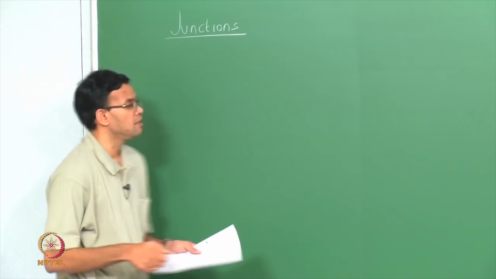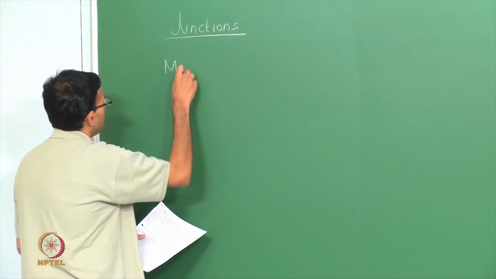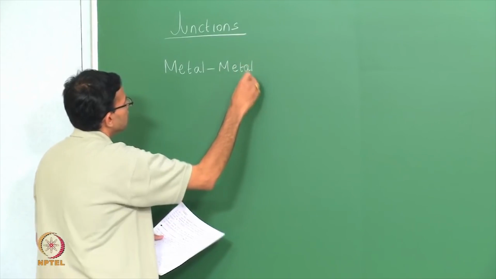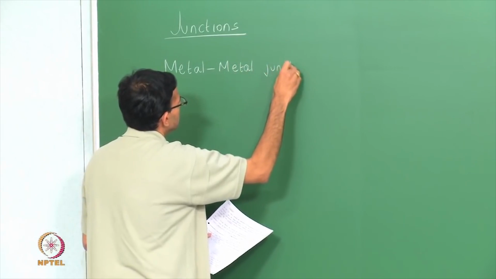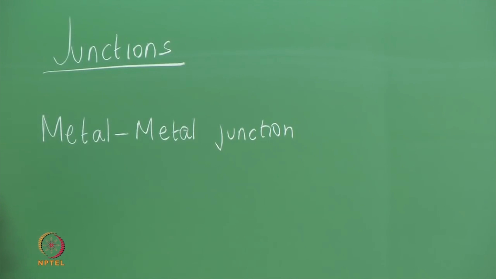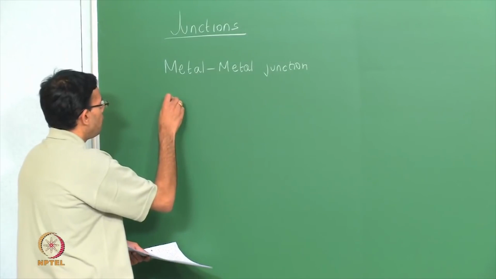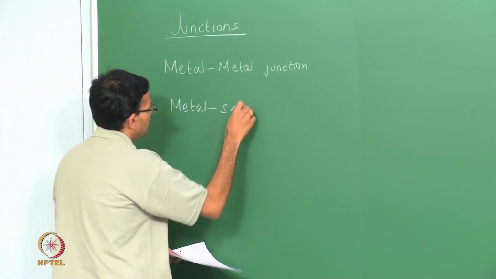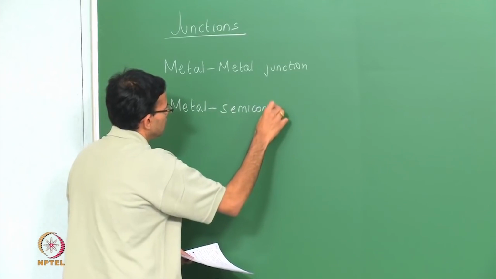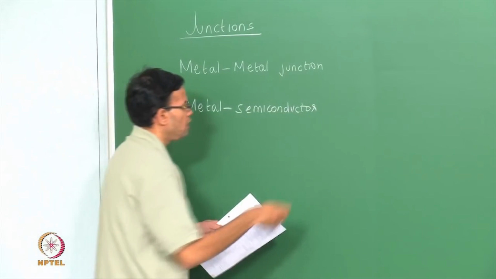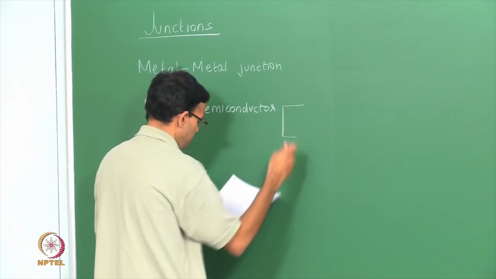We will first start with looking at a junction between two metals. So we will form a metal-metal junction, and we will use this to understand the concepts of band alignment. From there, we will form a junction between a metal and a semiconductor. There are two types possible here, and you will consider them.